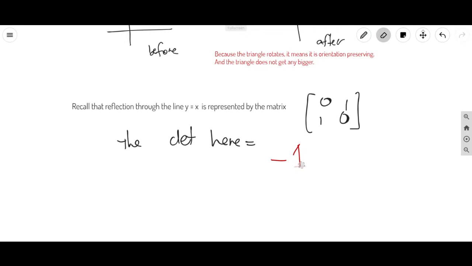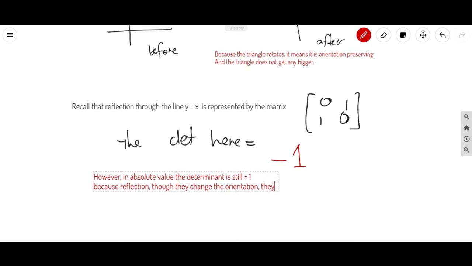However, in absolute value, the determinant is still equal to 1 because reflections, though they change the orientation, do not expand the size of the image.